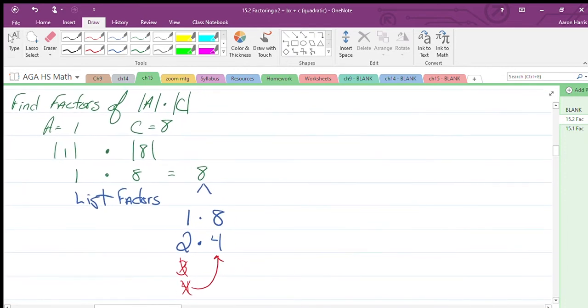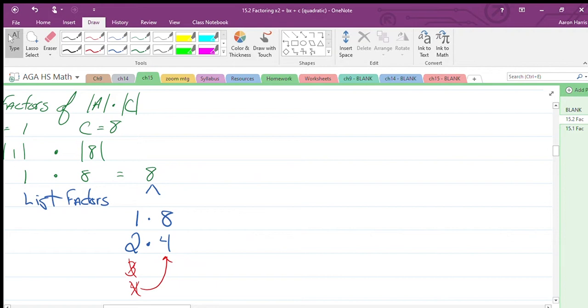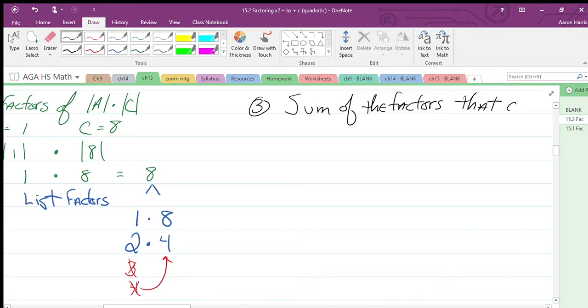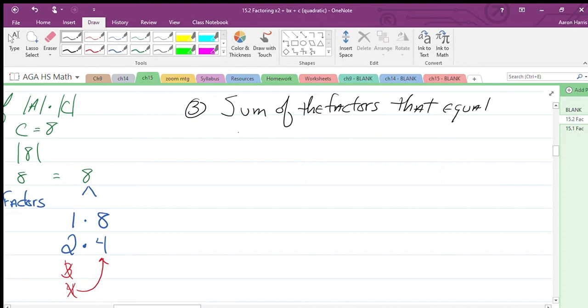Now the third step. After you have the factors of A and C, we want to find the sum of the factors that will equal B. Okay?